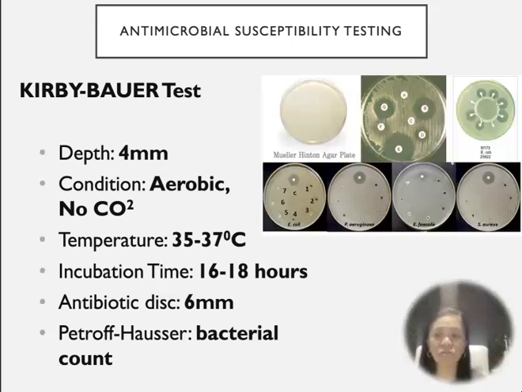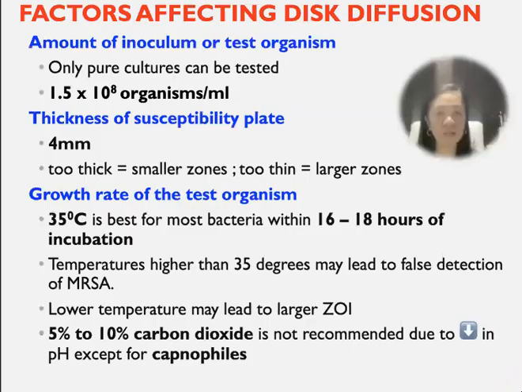The difference is the dimensions of the chamber. The Petroff-Hausser chamber depth is 0.02 mm, while the Neubauer counting chamber or hemocytometer has a depth of around 0.1 mm. So the hemocytometer is deeper compared to the Petroff-Hausser.